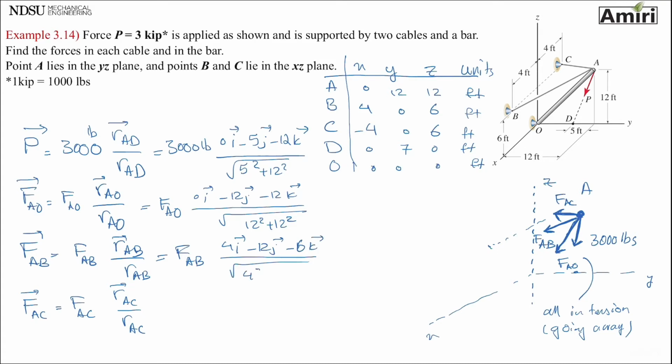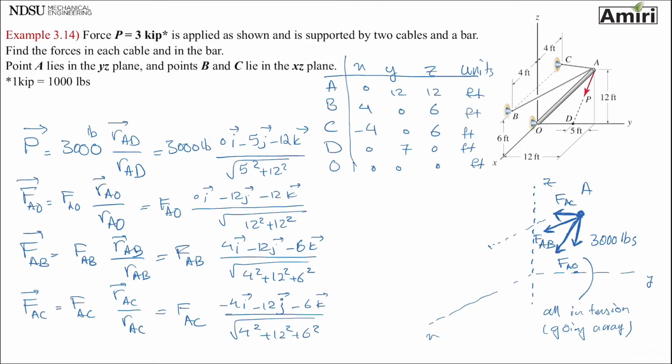It's going to be 4, 12, 6, which I think is 14. And last one, AC: minus 4i, 12j, and 6k, 4, 12, 6. This is going to be 14 as well.